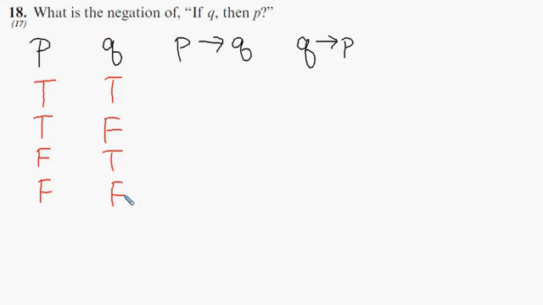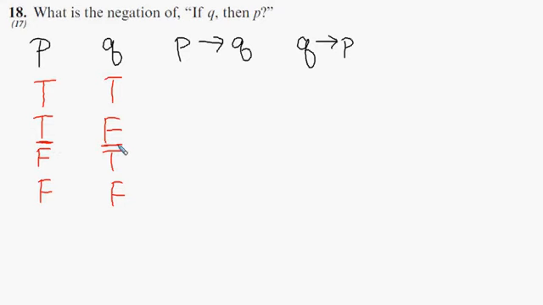Now, I don't know if you remember this, it's been a little while. The only time that a conditional statement has an overall false value is when the hypothesis is true and the conclusion is false.